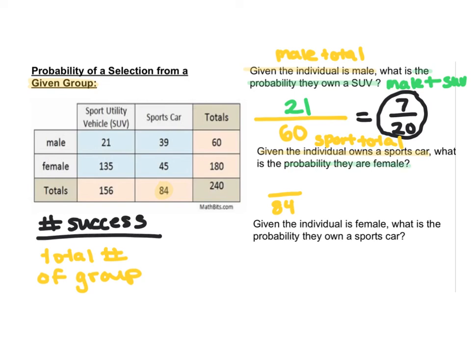So this is asking for the number that are female and have a sports car, because it has to satisfy this first condition on top of what's given. So if I look at the sports car group, sports car and female is this number 45. So I get 45 over 84, which when you simplify becomes 15 over 28.